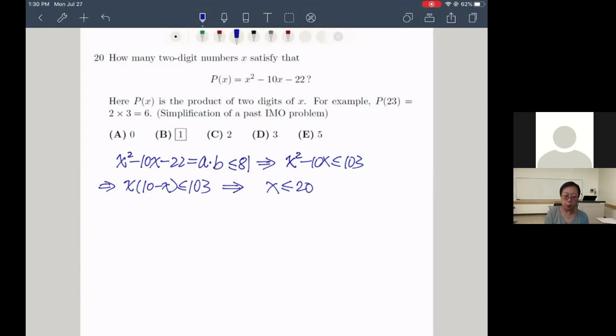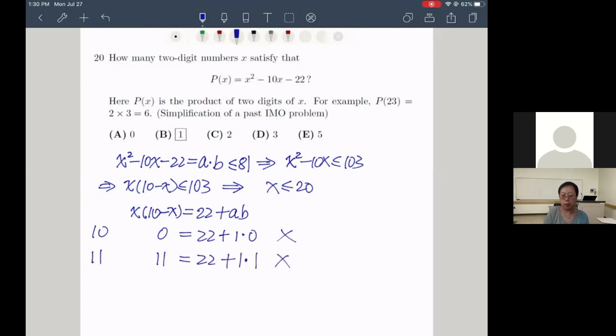So let's write the condition one more time. We want x times (x minus 10) equals 22 plus ab. If x is 10, then we have 0 equals 22 plus 1 times 0, which is incorrect, right? 11 times 1, which is 11, equals 22 plus 1 times 1, also incorrect. 12 times 2 equals 24, and 22 plus 1 times 2 is 24.